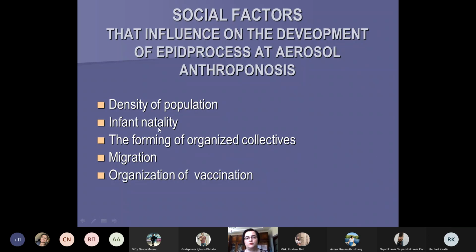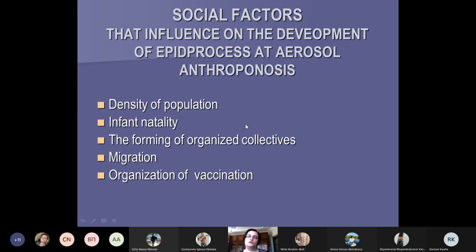That's why such persons can be immunocompromised from the beginning of their life and can catch infection very easily. The forming of organized collectives, as we already spoke about. Migration is the same.